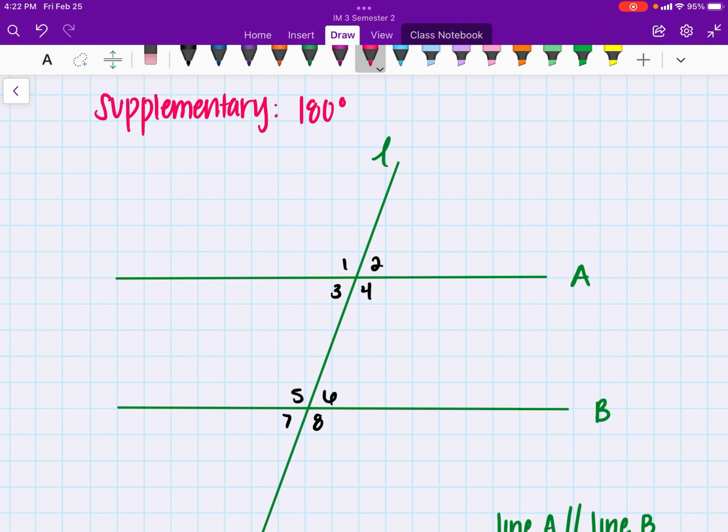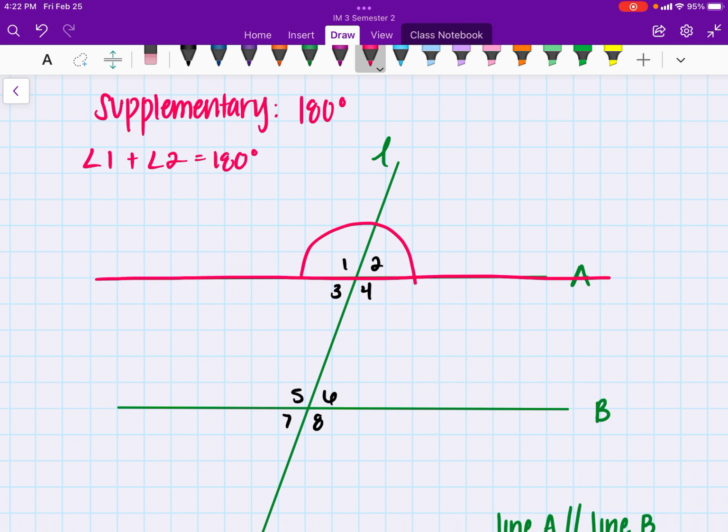If you take a look at here, for example, I'm going to say that angle 1 and angle 2 are supplementary angles, because if I were to draw a line with angle 1 and 2 here, it would form a line and give us 180 degrees. So angle 1 plus angle 2 is going to equal 180.